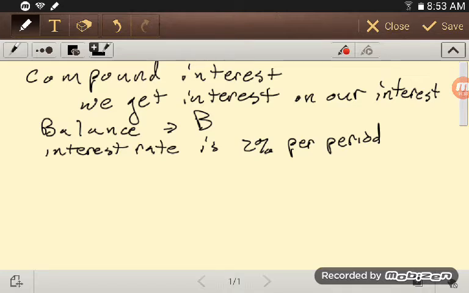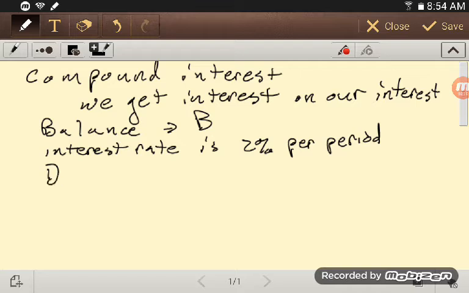And so now what happens is we're going to have to keep track of each period. So I'm going to use our function notation to do that. And let's say I deposit something like maybe $1,000.